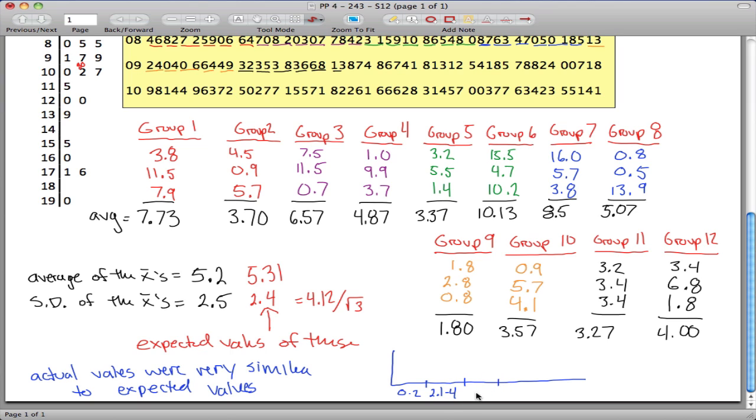And this is 4.1 to 6. And this is 6.1 to 8. And this is 8.1 to 10. And is that enough? Nope, I need one more. This out here is 10.1 to 12.